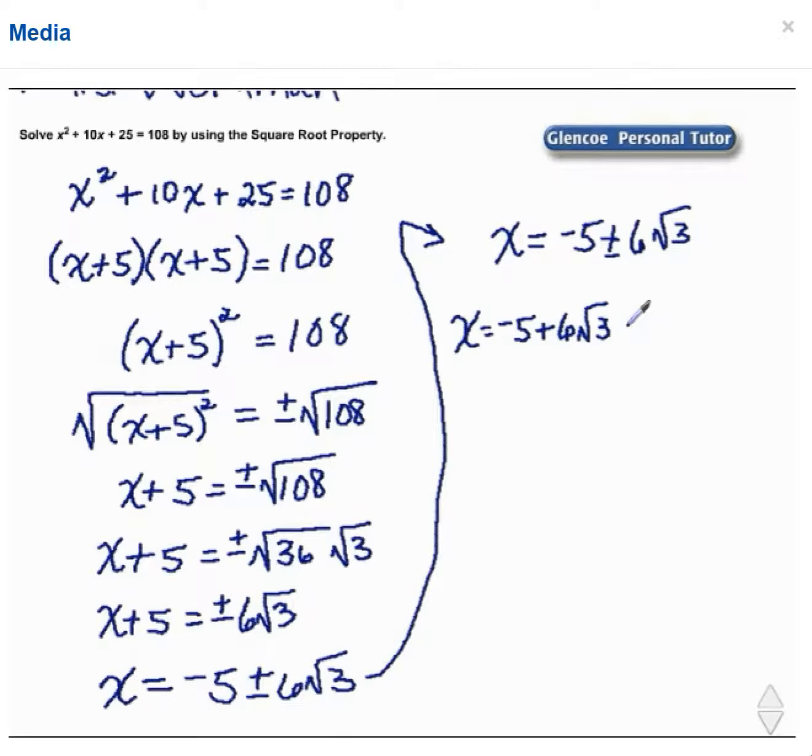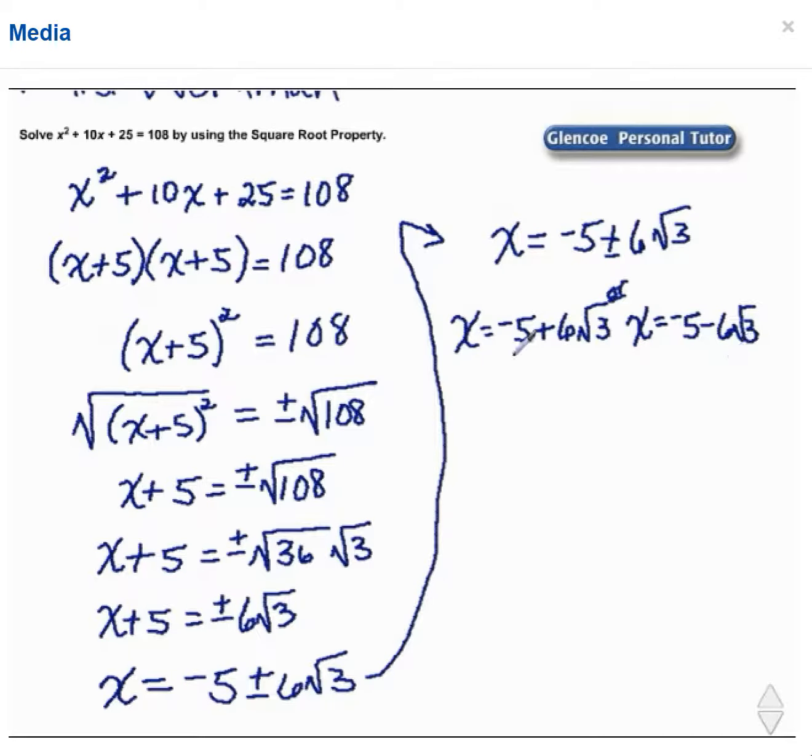And it also tells me that x could be negative 5 minus 6 radical 3. And so x could be one or the other of these irrational numbers. So these irrational numbers are the exact roots of this equation.